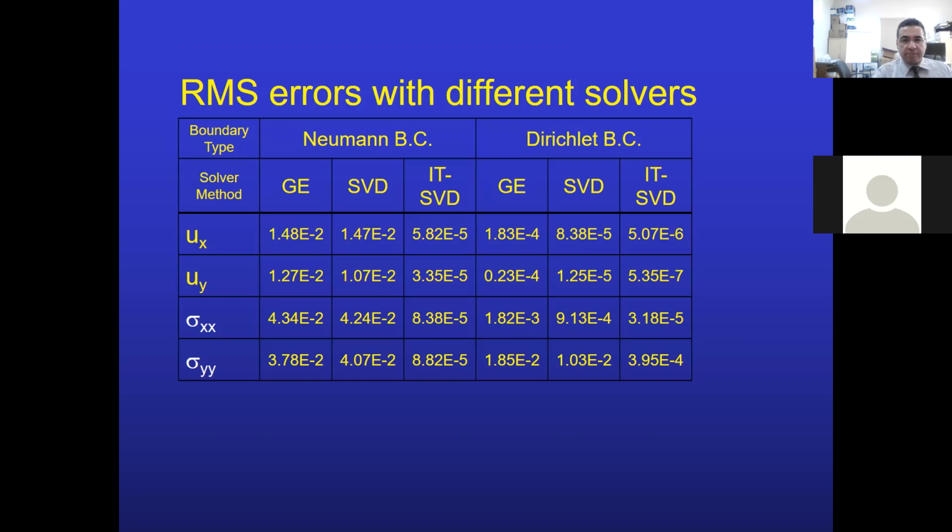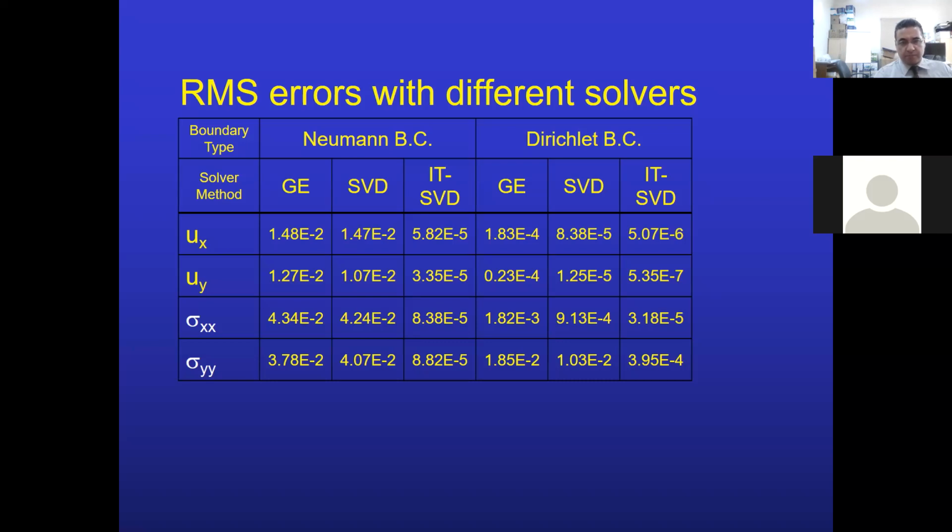Okay, these are the root mean square errors with different solvers. So we're looking at Neumann boundary conditions and Dirichlet conditions. Now, of course, you would assume that the Dirichlet conditions would be more accurate because you're not imposing gradient conditions on the boundaries.